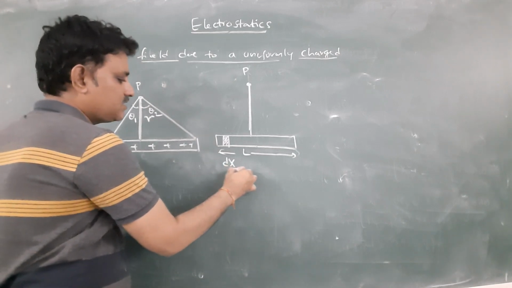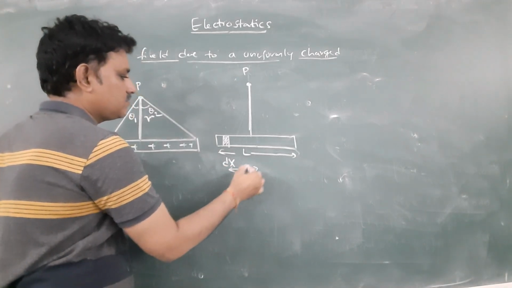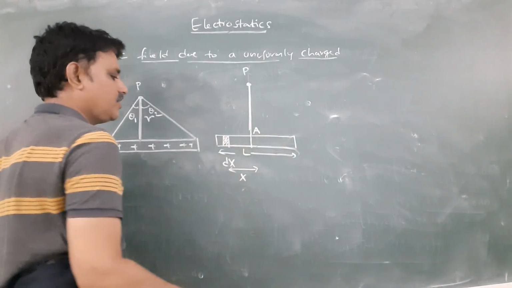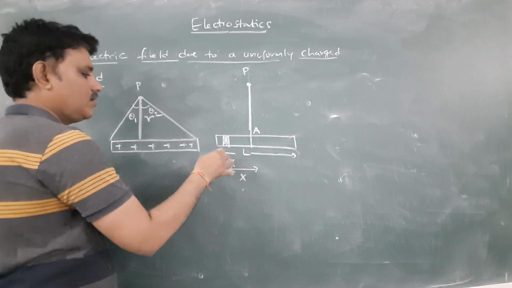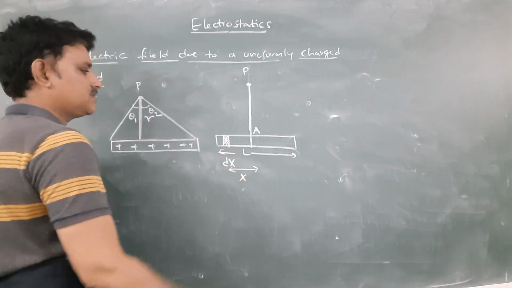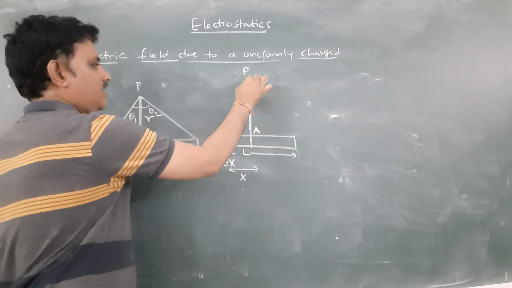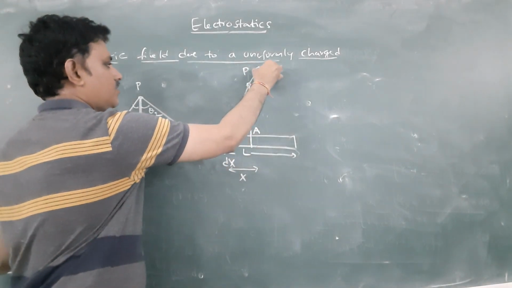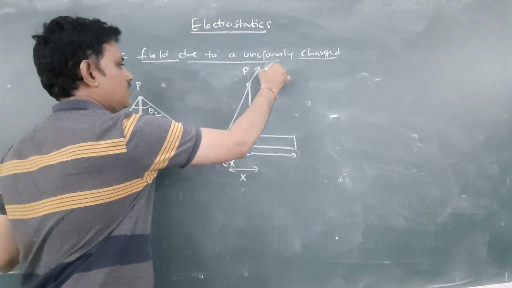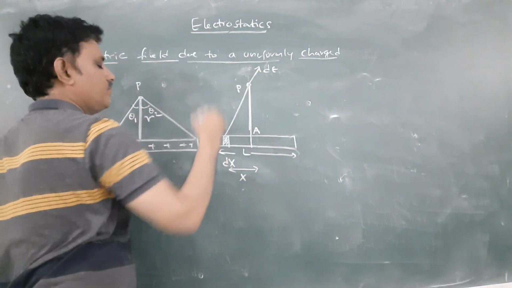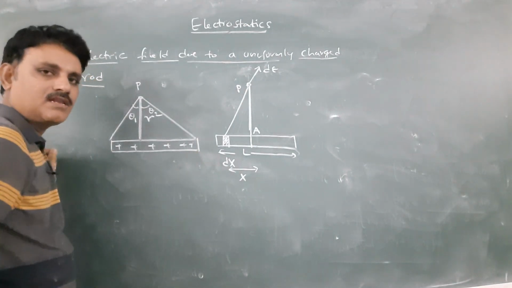This small element is at a distance x from point A. Suppose this is point A. From here to the element, the distance is x, and with respect to the dx, the electric field at point P is called dE, the small electric field dE with respect to the small length element.